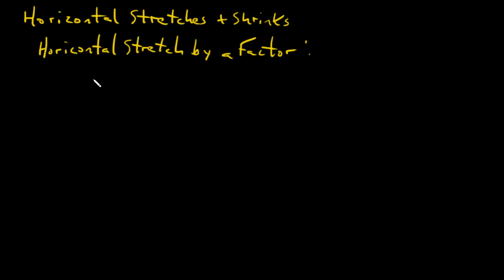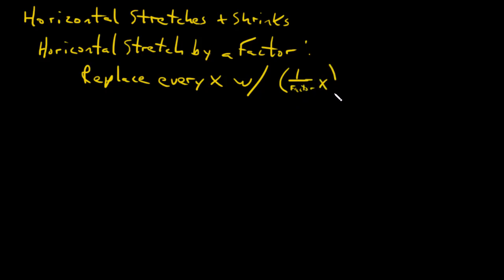What I'm going to do is replace every x, and I knew I was going to have to do that since it's horizontal, with 1 over the factor, x, or x over the factor, whichever you prefer.